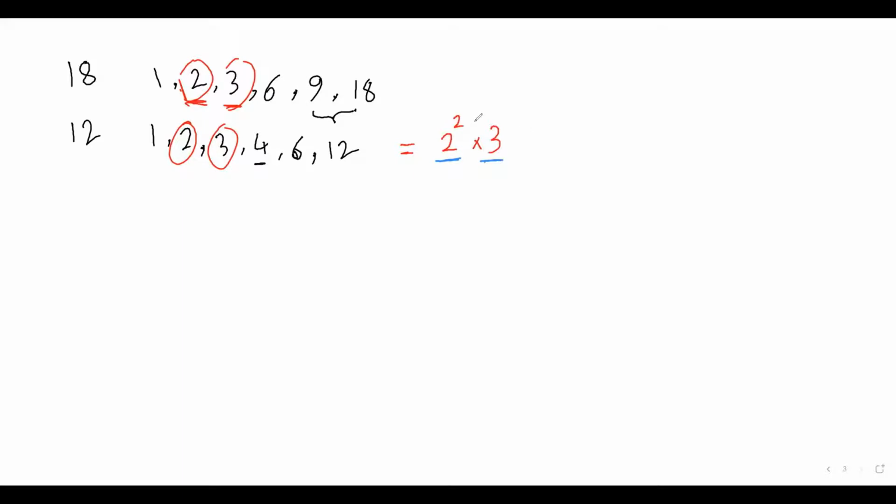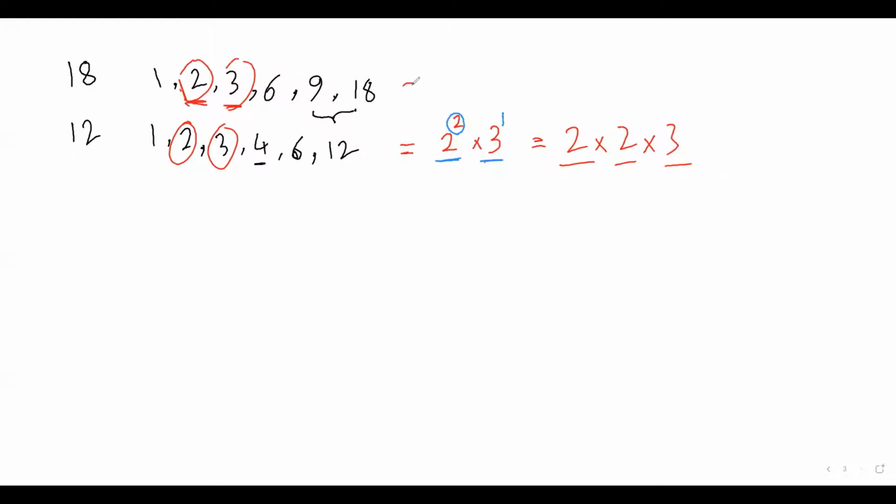Well, the index, of course, can be more than 1. It shouldn't necessarily be 1. In this case, you can see the index here is 2, and the index for 3 is 1. Or you could have written it like this, 2 times 2 times 3, right? It's the same thing. But you're not allowed to use any number other than a prime.